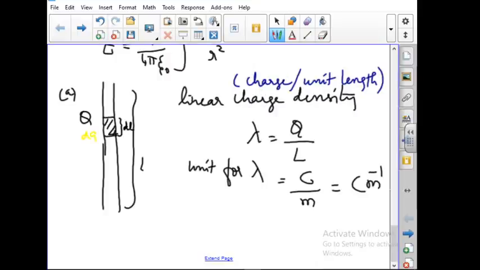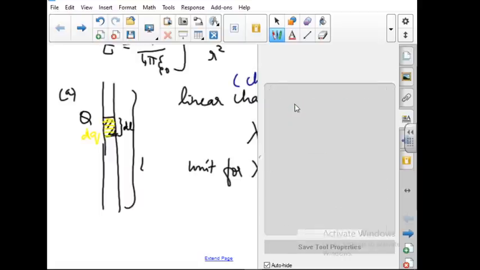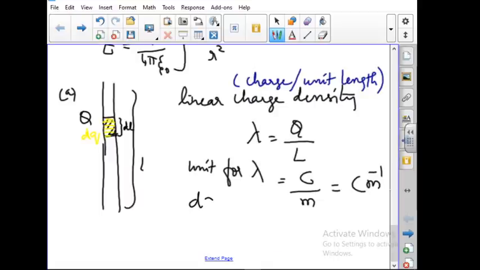So dq is the very small charge present within this very small length dl. In this case, what is the value of the charge? We can write dq is equal to lambda into dl. From the equation Q is equal to lambda L, therefore for very small length dl, the charge present is dq, so dq is equal to lambda into dl.